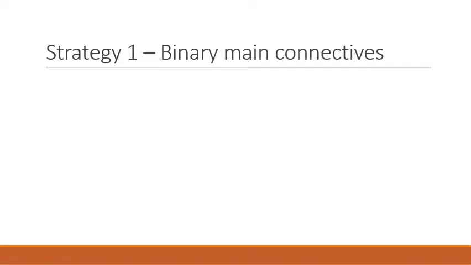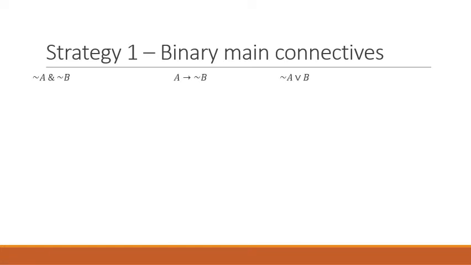The first thing to think about is that you have two kinds of connectives. You have binary connectives, which are the conditional, the conjunction and the disjunction.